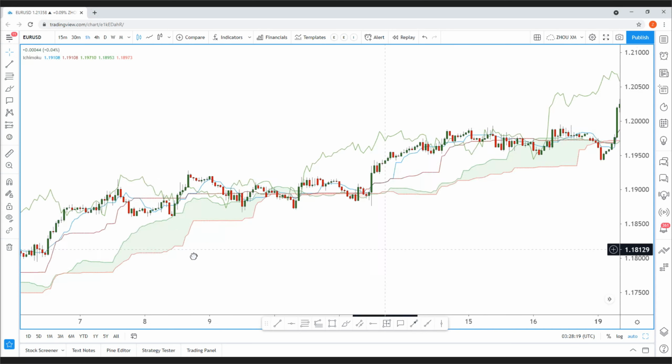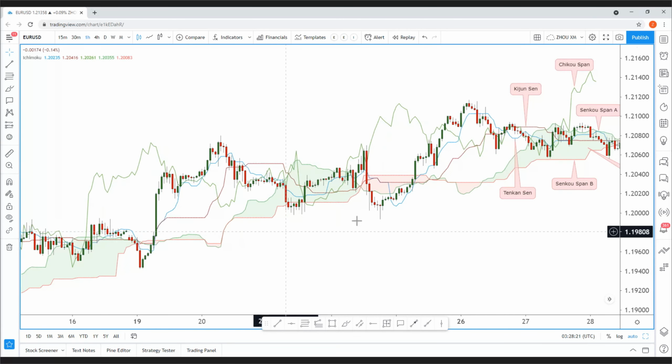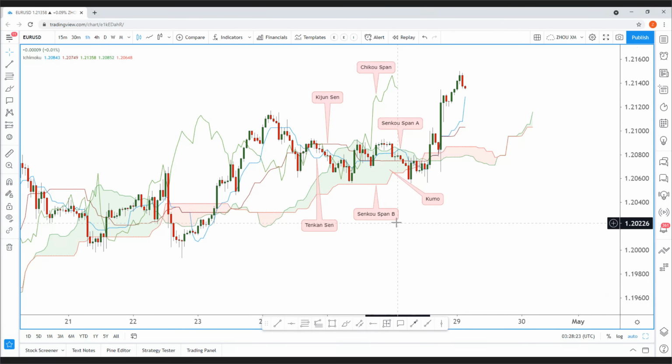So next, we have gone through the Tenkan Sen already. And then we can look at the crossover between Tenkan and Kijun. The Kijun is basically the lagging span of our Tenkan Sen. If there's a crossover, you can see here, the red line crossing over with the blue line.